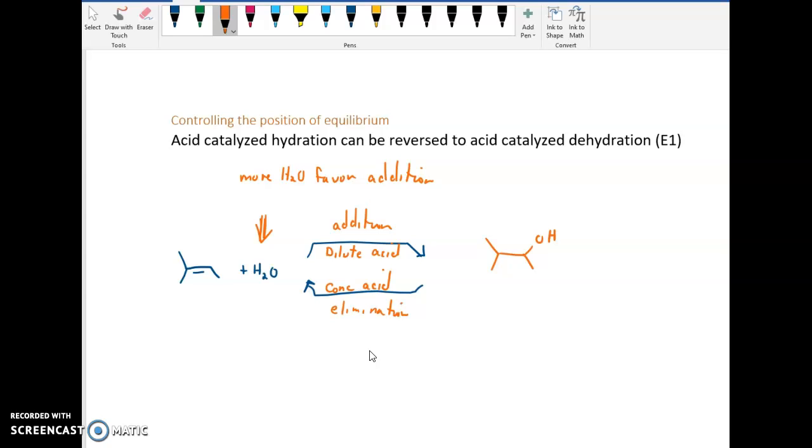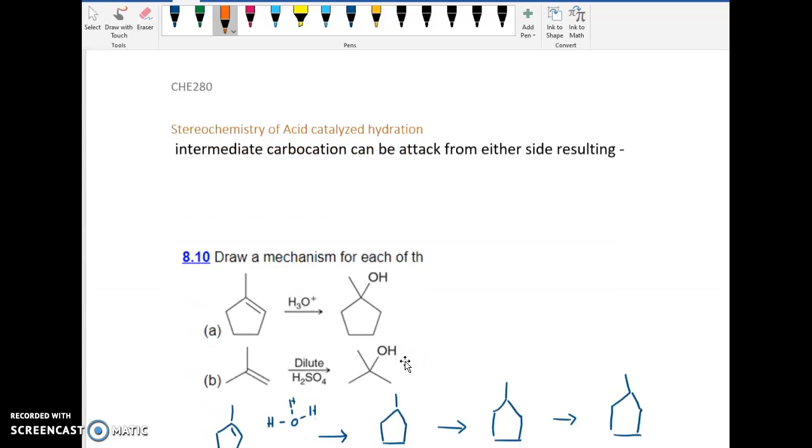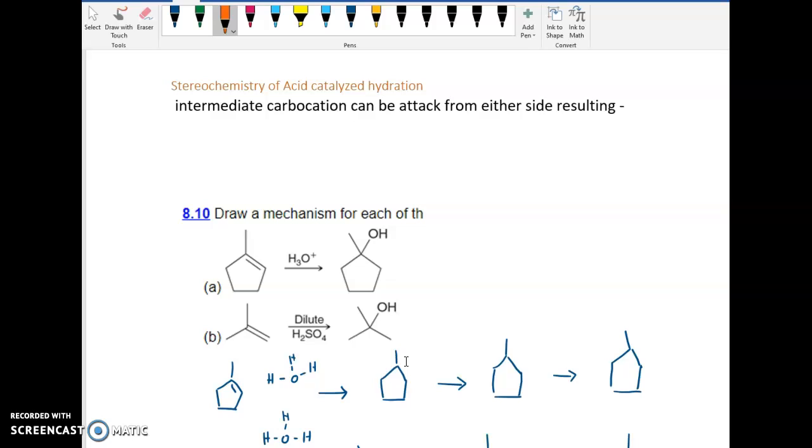Removing water will shift the equilibrium toward the reactants. So let's look at the stereochemistry of our acid catalyzed hydration. Go all the way down here. The intermediate carbocation can be attacked from either side, so that results in a racemic mixture if a chiral center is made.